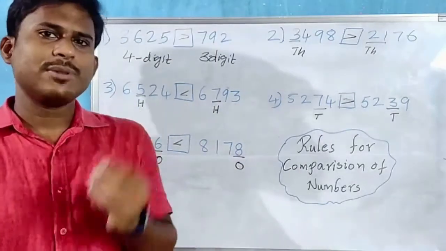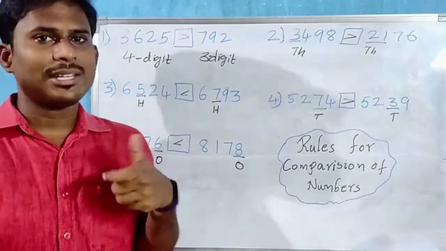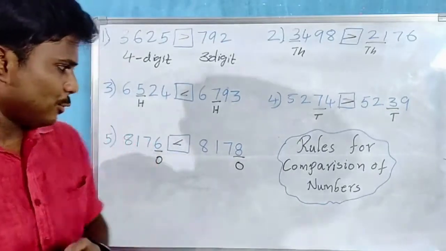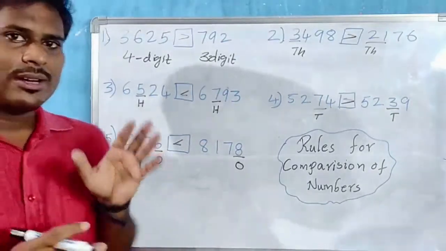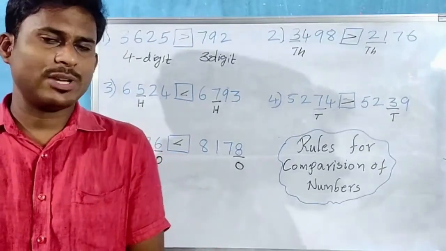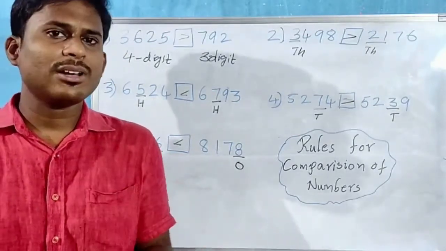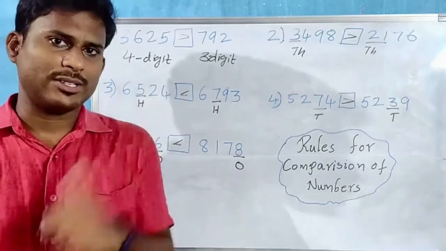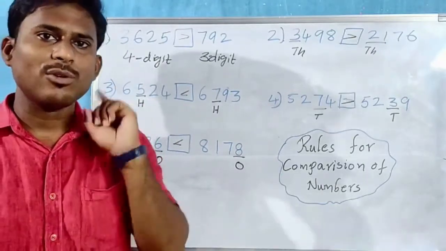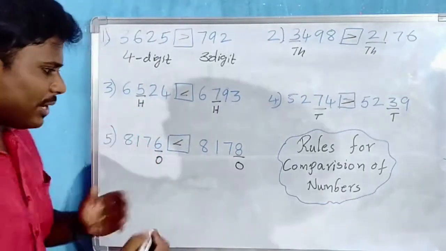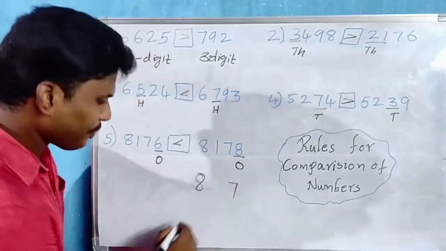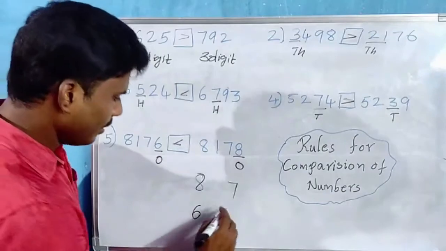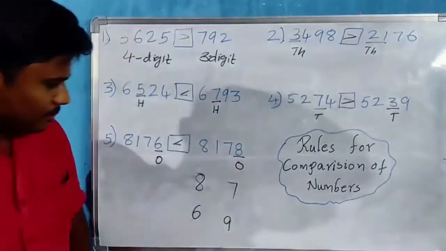Now I will tell you a simple technique to remember the less than and greater than symbols. Whenever we take numbers, we have a greater number and a less number, right? For the greater number, let us give 2 points. And for the less number, let us give 1 point. Simple example. 8 is there, 7 is there, 6 is there and 9 is there.